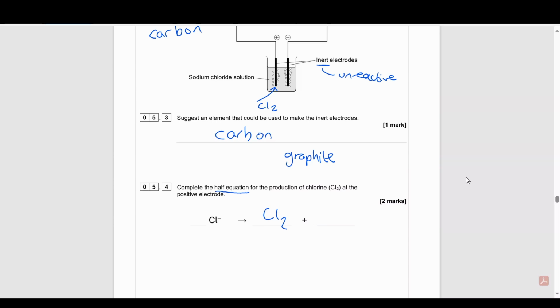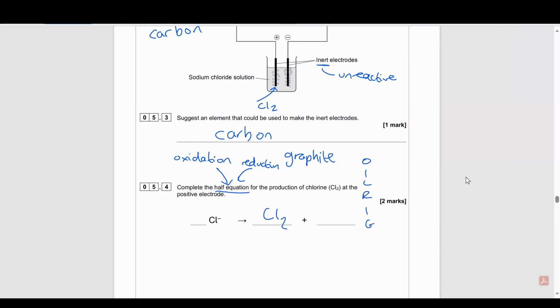Now, if it's a half equation, then what we have to be showing in our equation is either oxidation or reduction. Now remember that these two reactions involve the transfer of electrons. Remember, our OIL RIG mnemonic can help us with this.